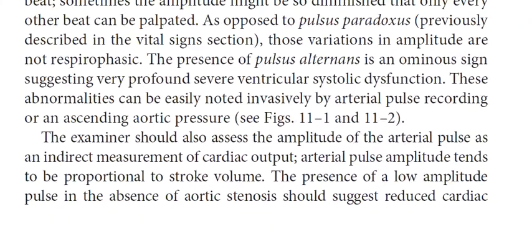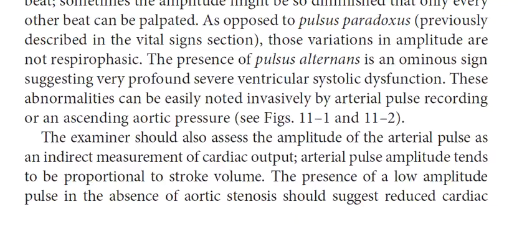As opposed to pulsus paradoxus previously described in the vital signs section, those variations in amplitude are not respirophasic. The presence of pulsus alternans is an ominous sign suggesting very profound severe ventricular systolic dysfunction. These abnormalities can be easily noted invasively by arterial pulse recording or an ascending aortic pressure.